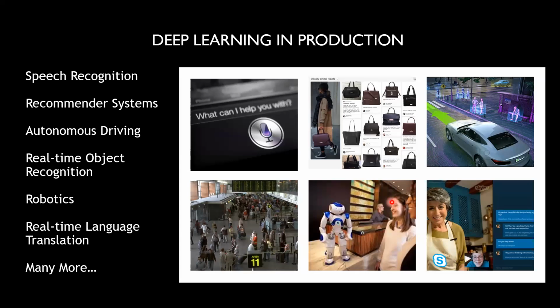So these are all things that are right now taking place in this world, and they are the result of machine learning and deep learning in production. The technology behind autonomous vehicles is based on real-time object recognition. You have to recognize the objects in front of you, on the right, left, everywhere. And so real-time object recognition has been made possible because of deep learning.